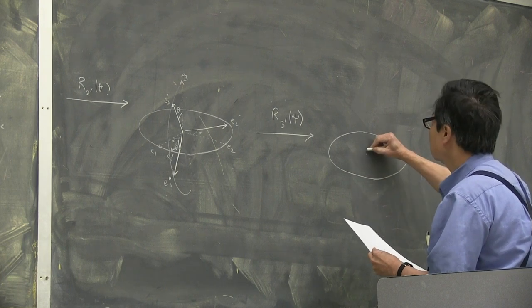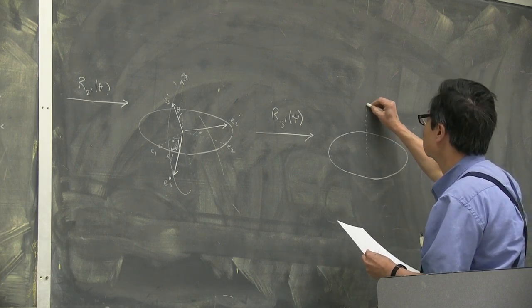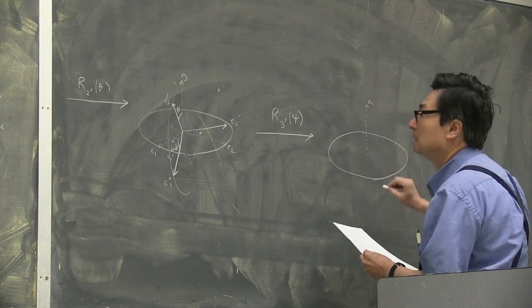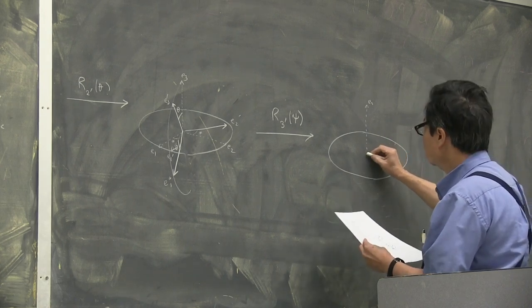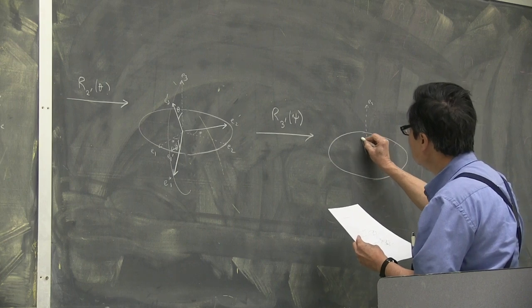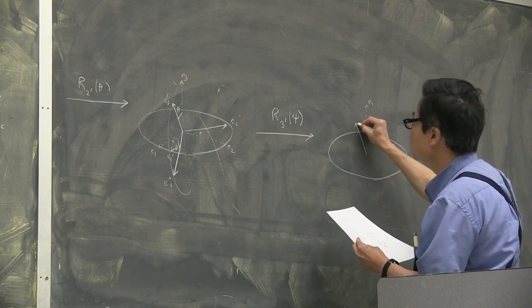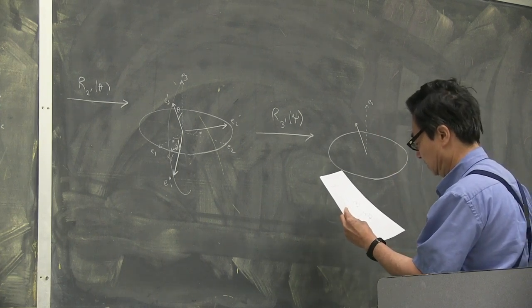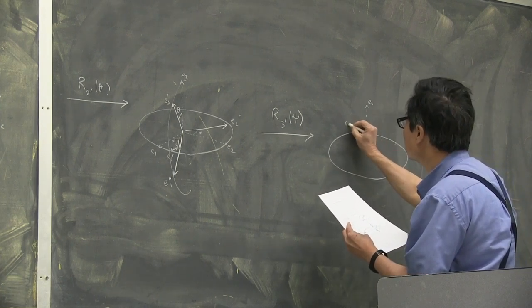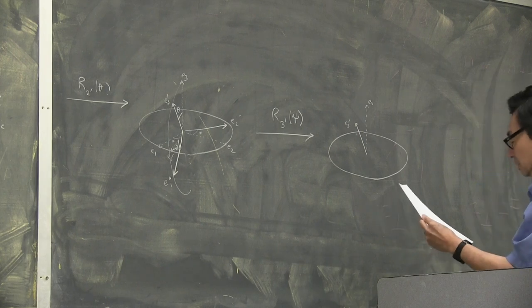So this is the E3. This is the E3 prime. Now the E3 prime is not going to be changed because in this last step you're rotating about that direction, so I'm going to still draw this as a solid line.